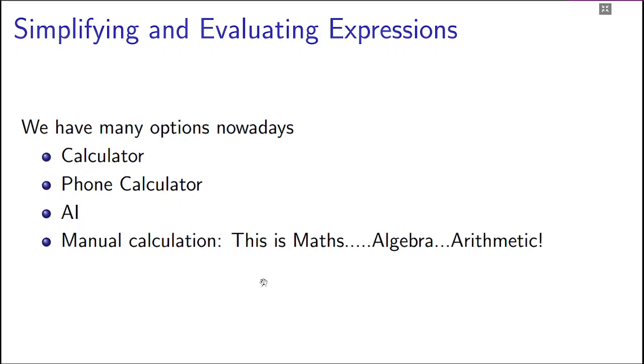They are just fast. They do the manual calculations fast enough so that we don't have to waste time doing them. But since you're learning maths, you have to learn the manual way, so that one day you yourself can also build calculators and machines that do the manual calculations for us.